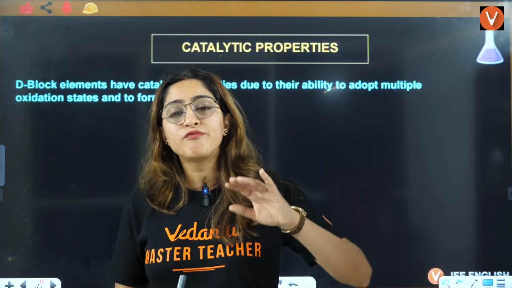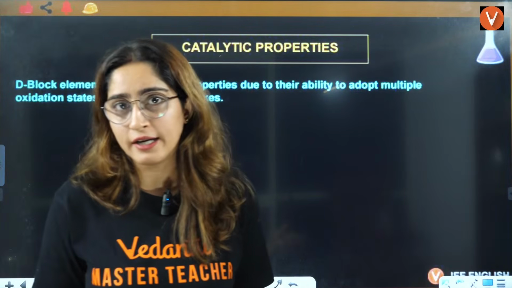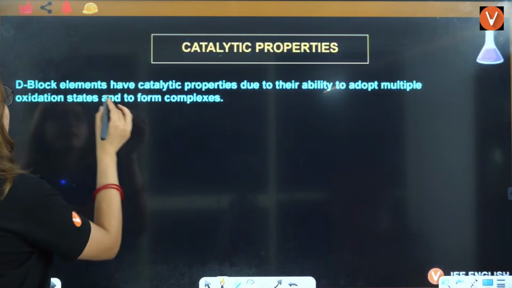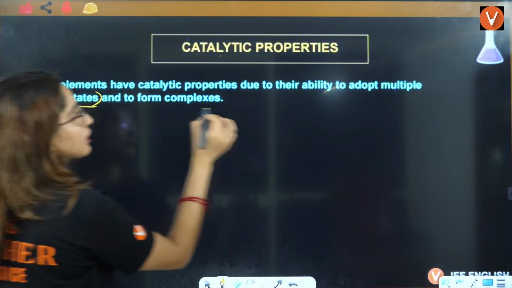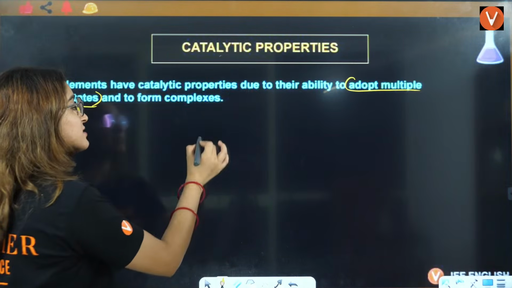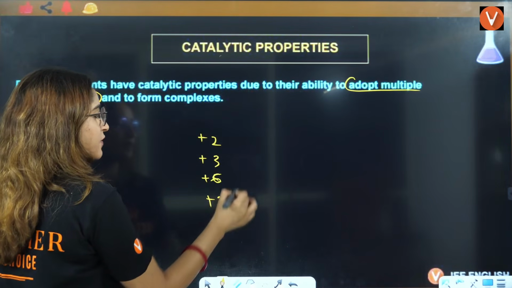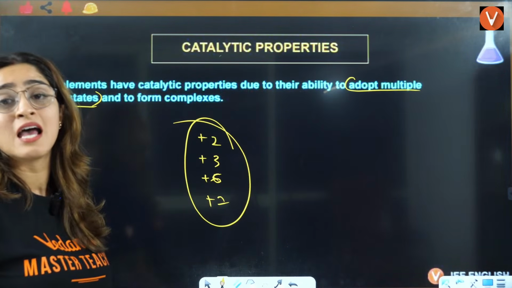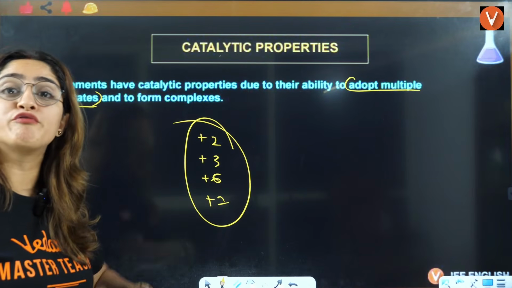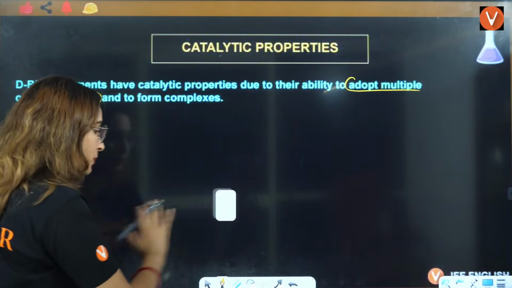So the first question is why they show catalytic properties, right? The reason is they can adopt multiple oxidation states, right? We discussed how manganese can exist in +2, +3, +6, +7, in all these oxidation states. That's how, because of the variable oxidation states, it is able to show the catalytic properties, right?